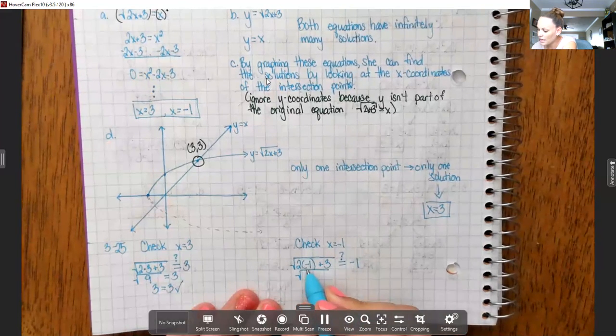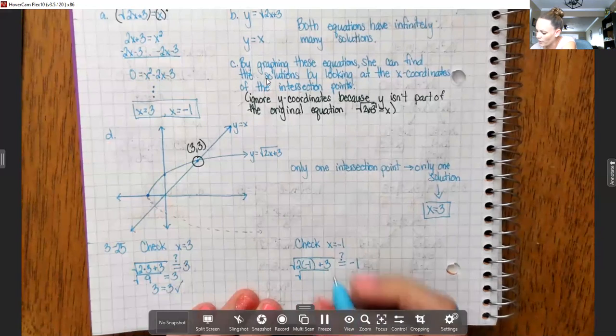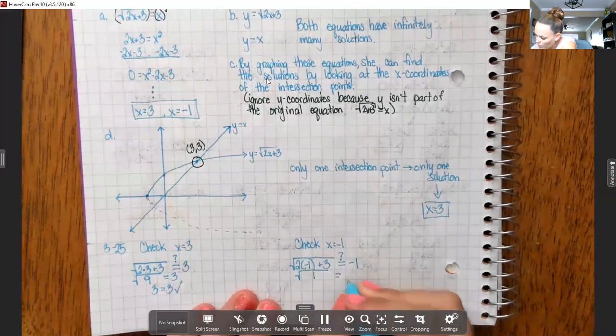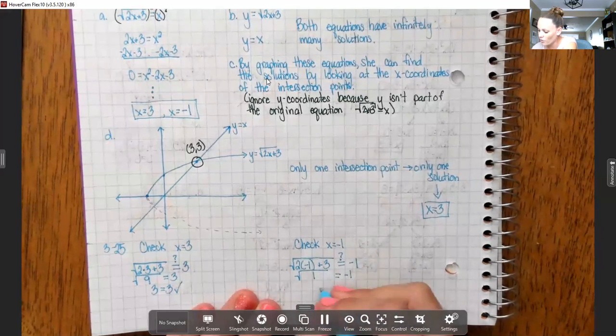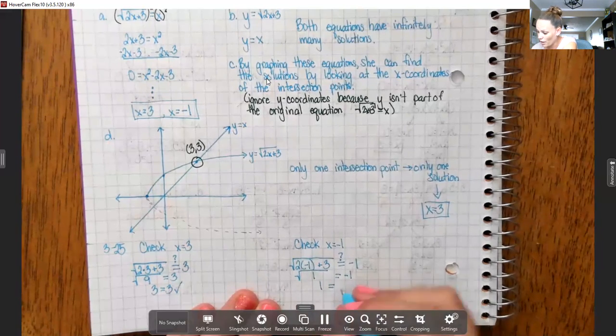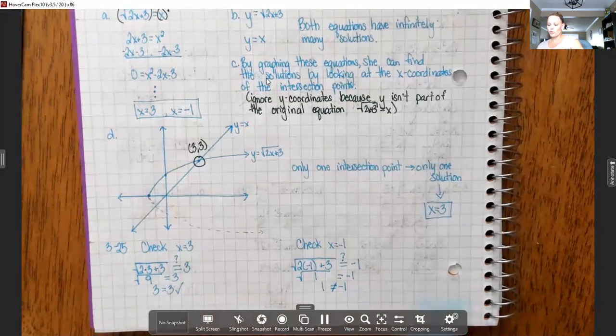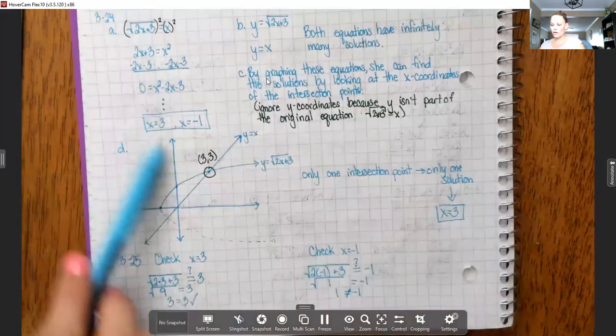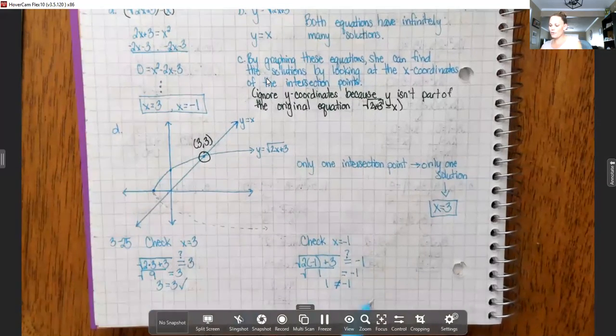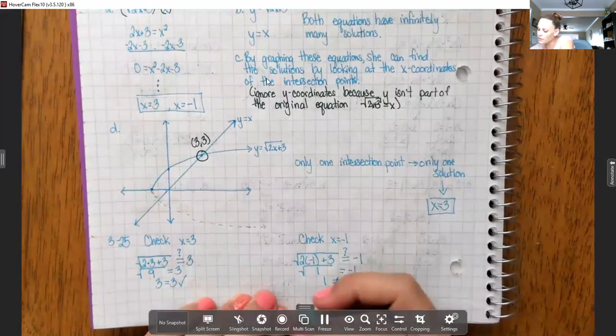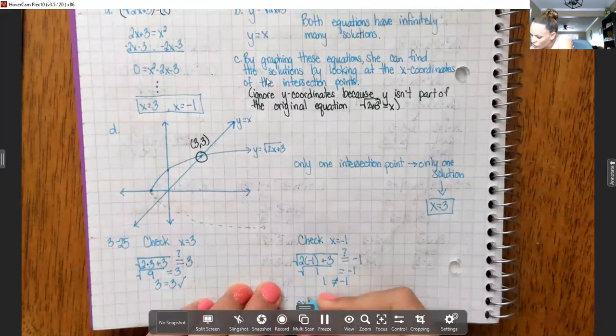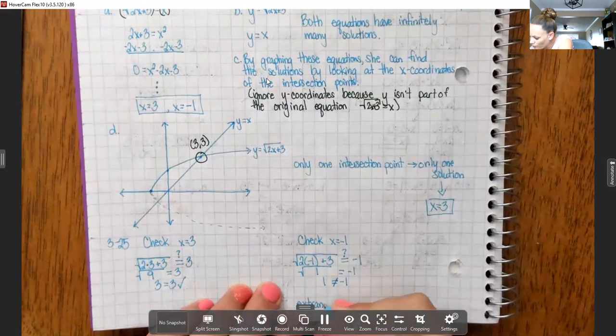So 2 times -1 is -2 plus 3 is 1. Does the square root of 1 equal -1? The square root of 1 is 1, which doesn't equal -1. So when we solved it, this is algebraically correct, but when we check it, it doesn't work. This is what we call an extraneous solution.